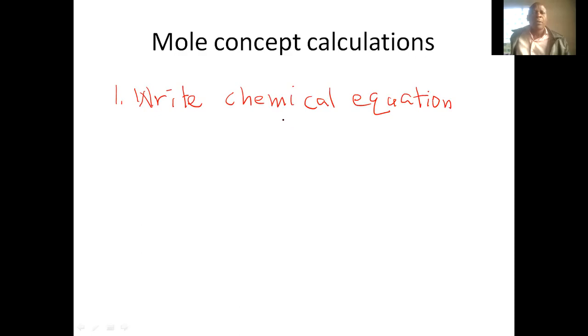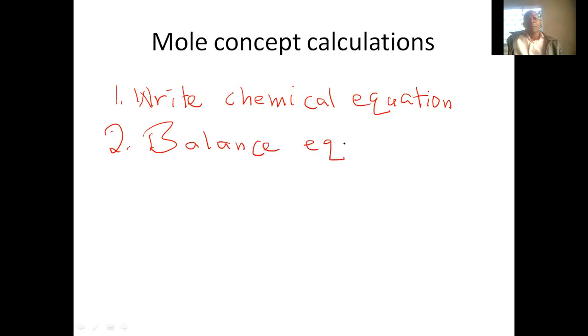And the second is that the equation that you write, you are supposed to balance it. After balancing the equation, then you can answer what is being asked.